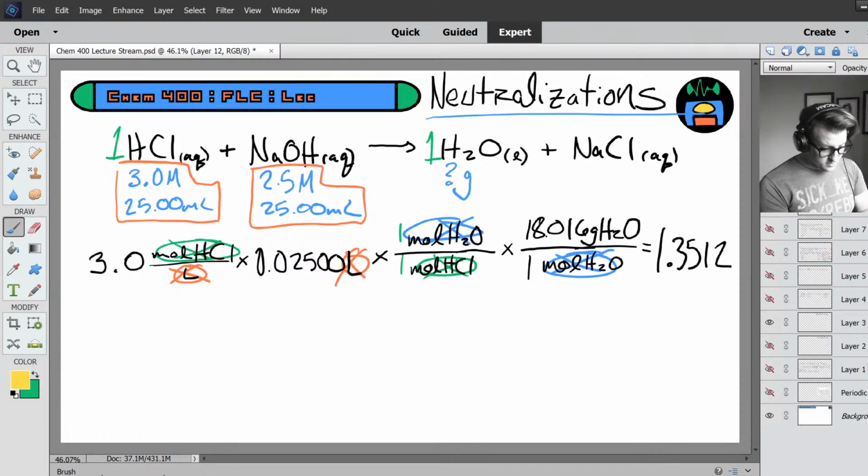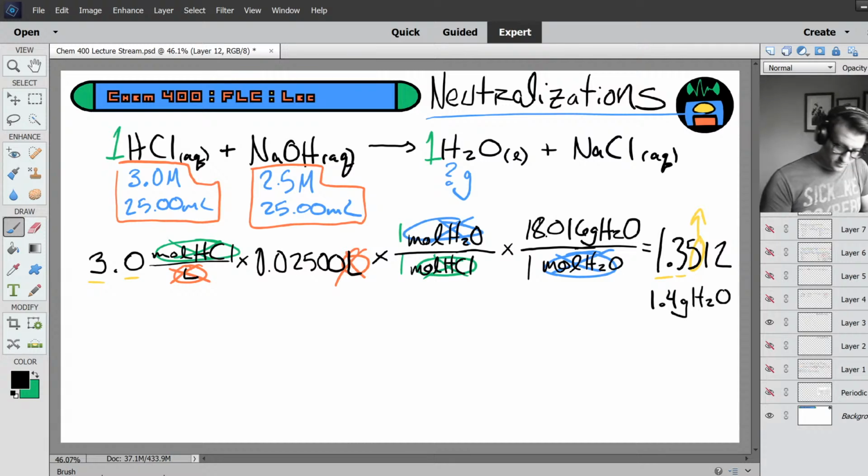Sig figs wise, we've got to roll with our least amount of sig figs. Oh, sorry, the 3.0 is 2 sig figs. 5 is going to round up. So this will come out to be 1.4 grams of H2O. All right. We don't know if that's our answer.